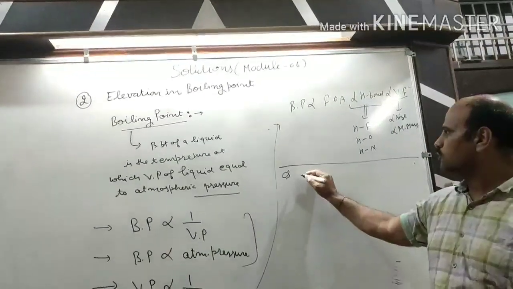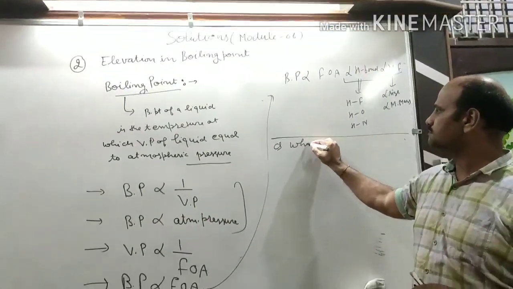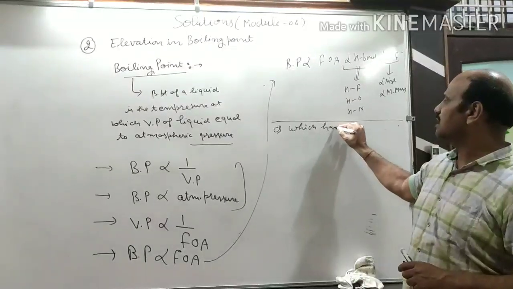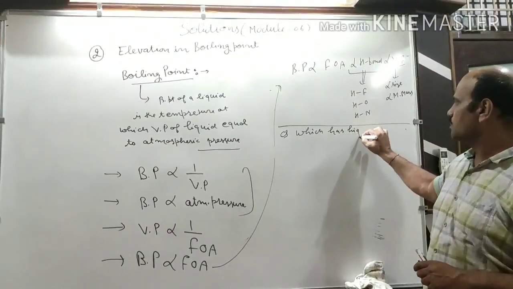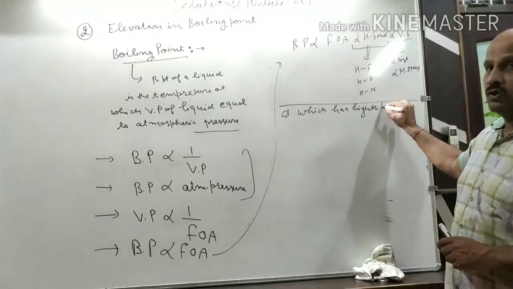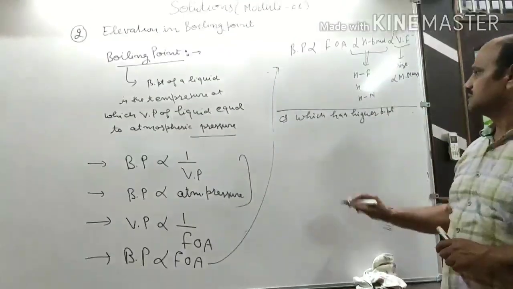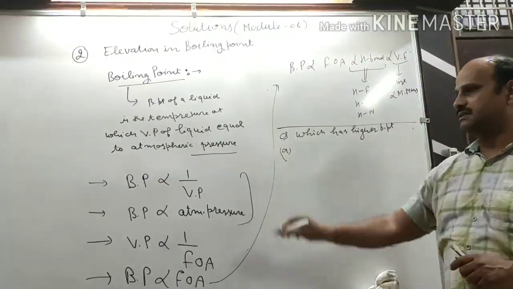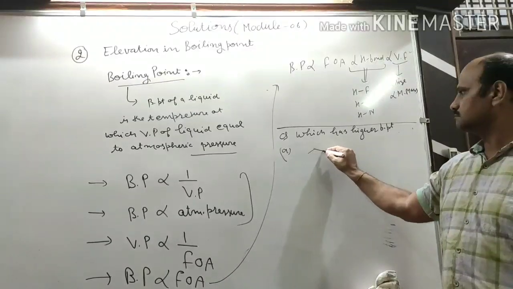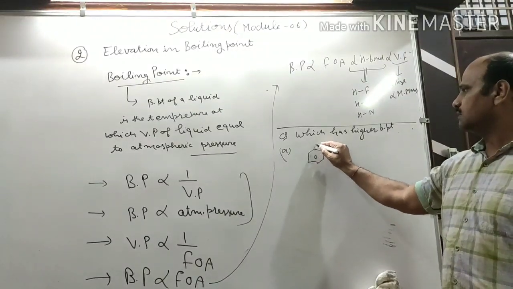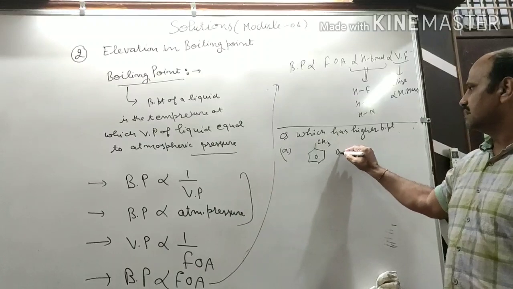Question: you have to tell which has higher boiling point. In first question, you take toluene and phenol.